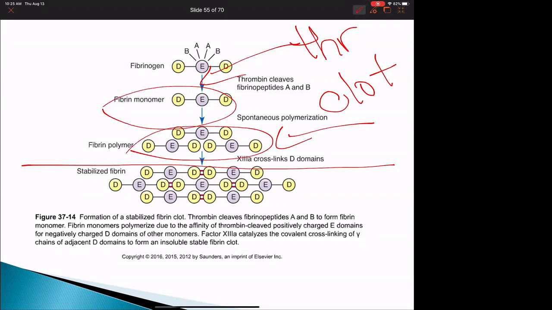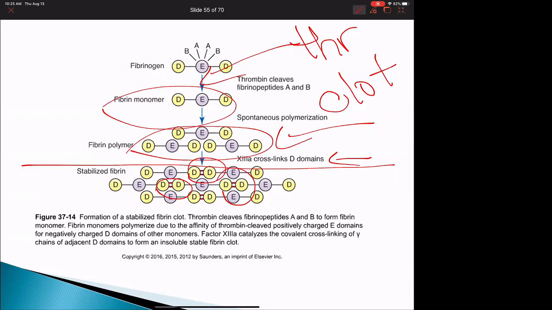However, thrombin also functions to cleave or to activate factor 13, right? So after thrombin activates factor 13 to 13A, right, which is right here, factor 13A forms covalent cross linkages between the D domains. So you can see them right over here, right? Covalent cross linkages between the D domains of adjacent monomers.